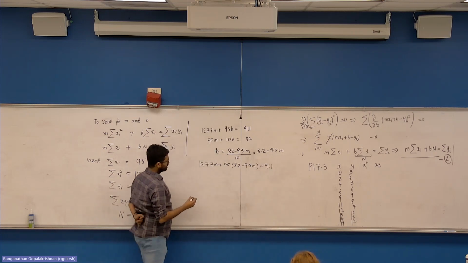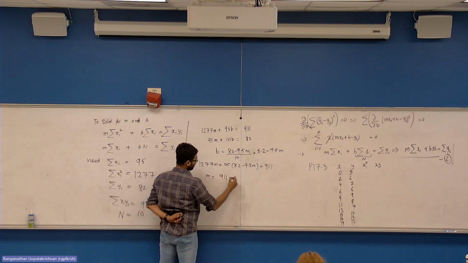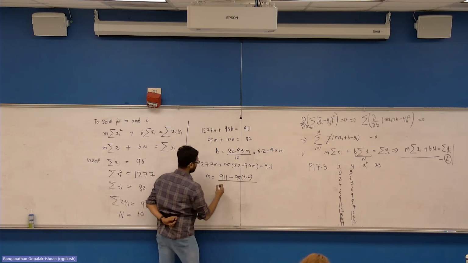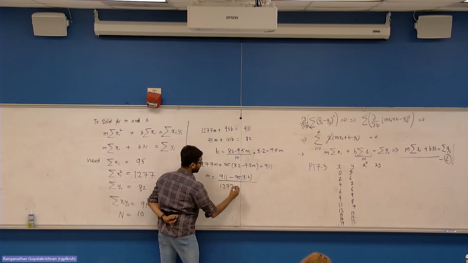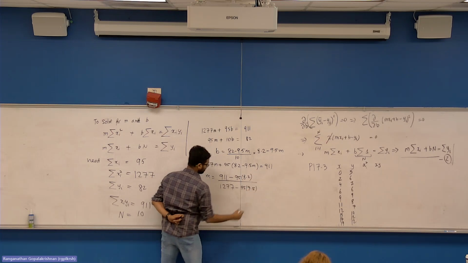You can rearrange this and tell me m would be (911 minus 95 times 8.2) divided by (1277 minus 95 times 9.5).